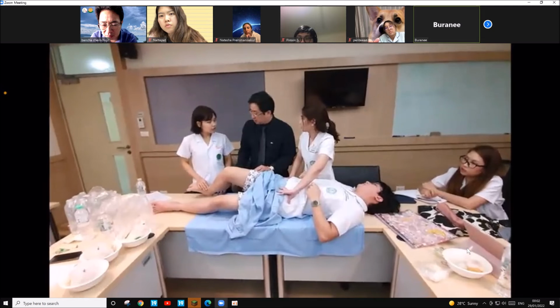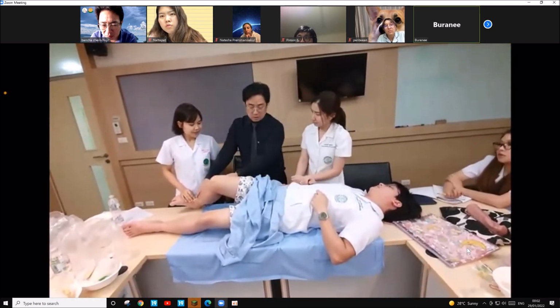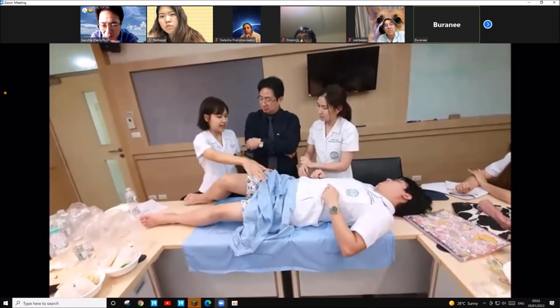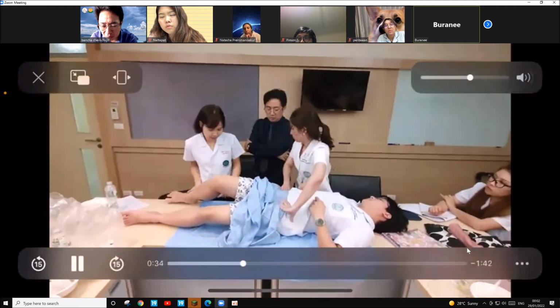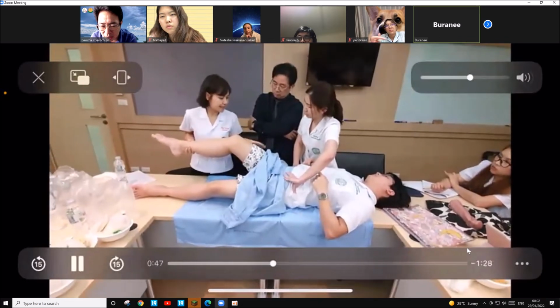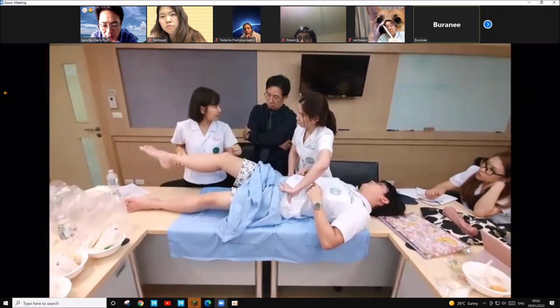Otherwise, you need to clamp on the table. This is the patient position, and then the assistant stabilizes the pelvis and bends the hip to 90 degrees.